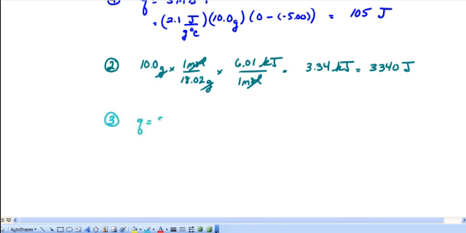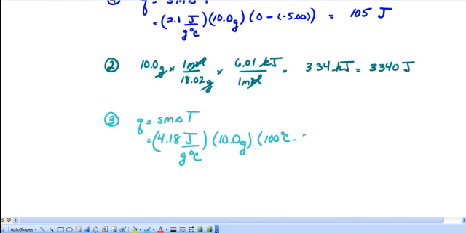So, number 3, Q equals s m delta T. The specific heat for water is 4.18 joules per gram per degree Celsius. The mass is still 10 grams. That has not changed. And we're going to end at 100 degrees Celsius, starting at 0 degrees Celsius, that's a 100-degree change.